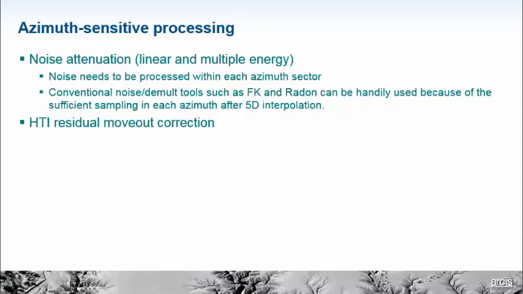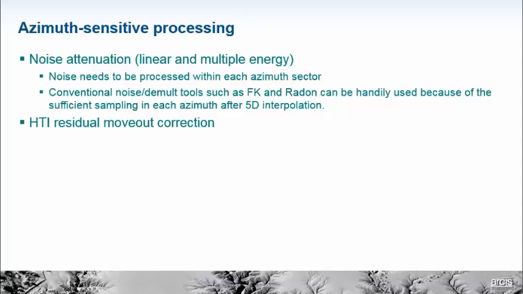So what about this azimuth sensitive or azimuth independent processing? Well, there were a couple of different applications. First of all, there's azimuth-oriented noise attenuation. And really the sub-applications of interest are linear noise attenuation and multiple noise attenuation. The idea here is we process the noise within each azimuth sector independently.